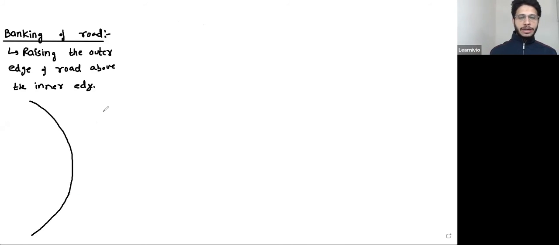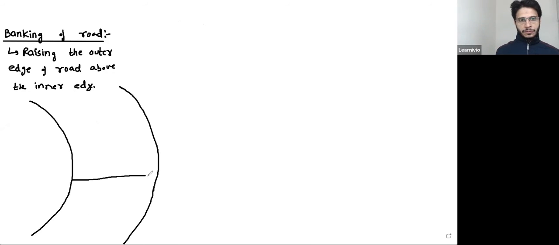But I cannot draw that three-dimensional figure here, so I'm just showing it this way. This is the outer edge, this is the inner edge. The outer edge is raised with respect to the inner one at an angle theta. So Sania, is the screen visible now?